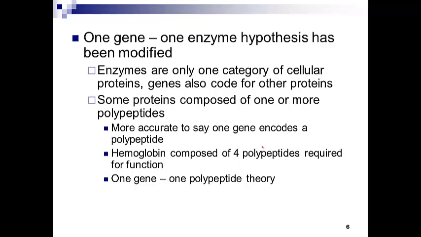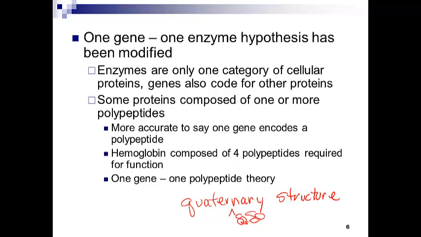So since that work in the 40s, this has been slightly modified, only because we know that at the level of quaternary structure, we have multiple protein chains which ultimately contribute to the final function of the protein. And so it's not as if a gene is going to make a fully functional protein.